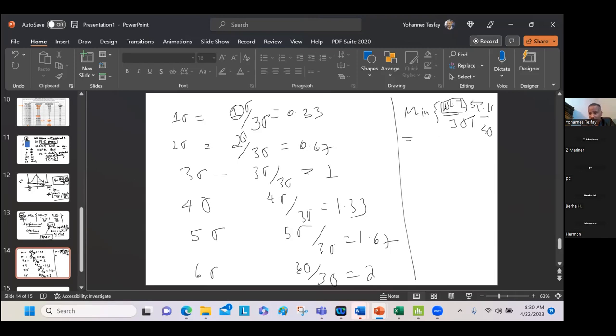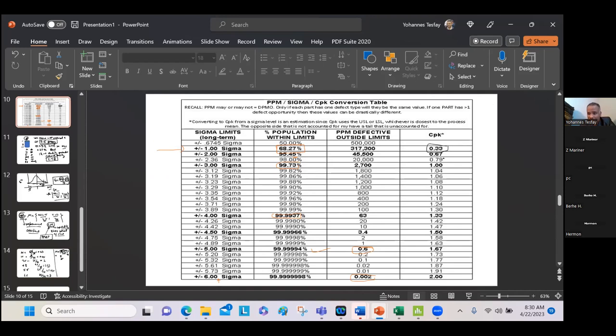You see, 1 sigma. So our target is shifted now, let's say to 0. So right there, this is 1 sigma divided by 3 sigma, just like that. So these are derived that way. That's how you derive them. So now all the numbers here: 2, 1.67, 1.33, 1.